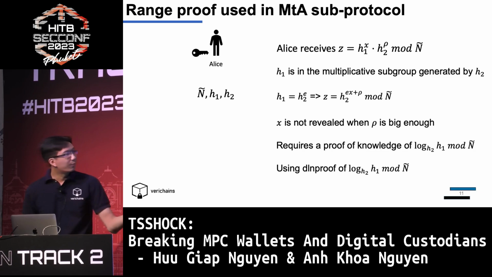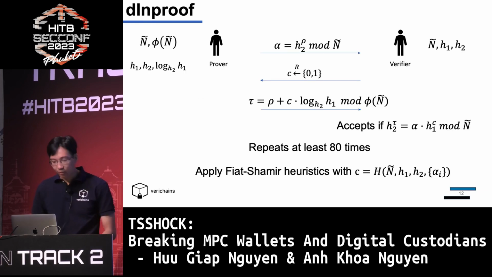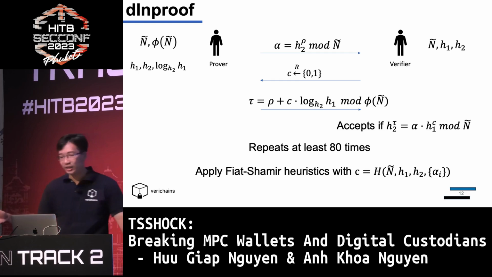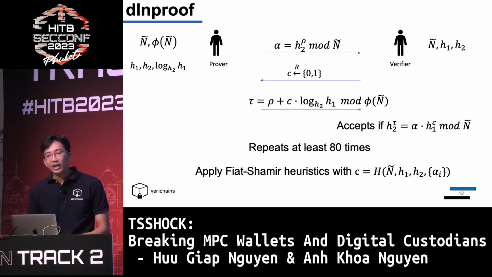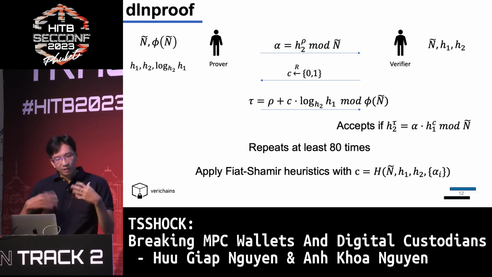So let's understand what the DLN proof is. It's actually quite simple. We have the prover and a verifier. The prover has the N tilde, the phi of N tilde, H1, H2, and the log, because he knows the log. The verifier knows the N tilde and H1, H2. And now the prover will have to convince the verifier that he knows the log.